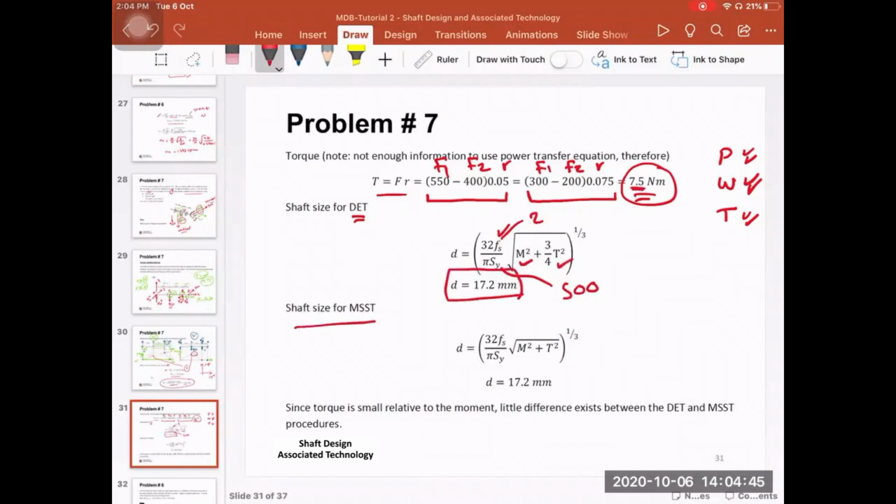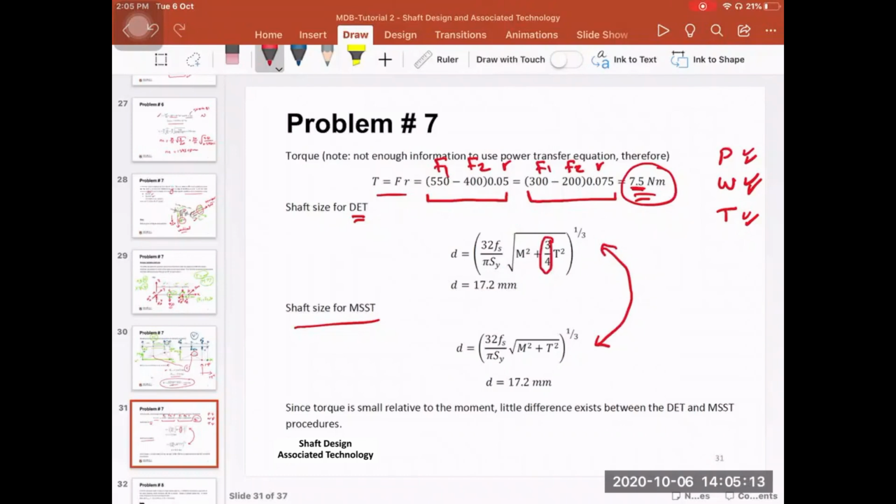Or based on the maximum shear stress theory, we have another equation. These two equations are quite similar. There is only one difference. If I just get rid of these, you will find that everything is the same apart from the torque. The torque here is multiplied by 3/4, and here it is multiplied by 1.